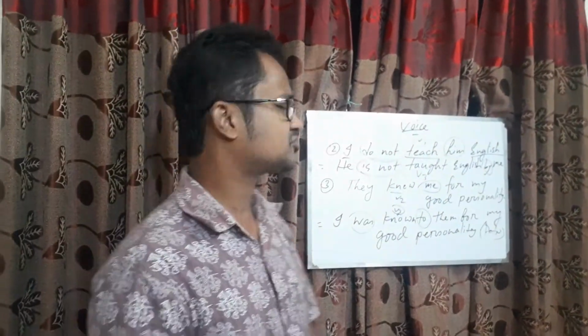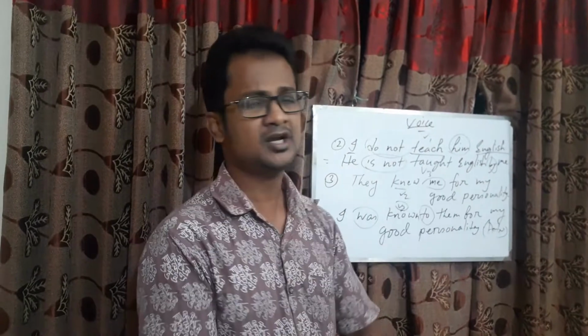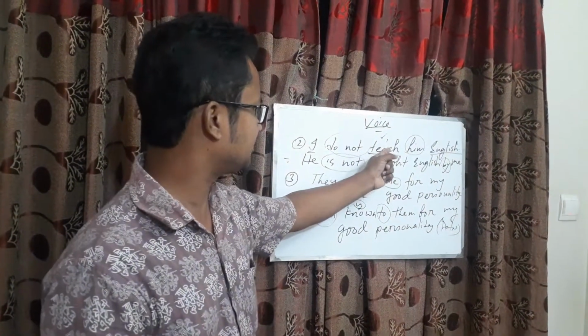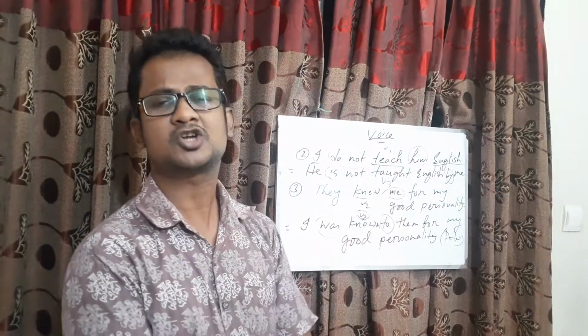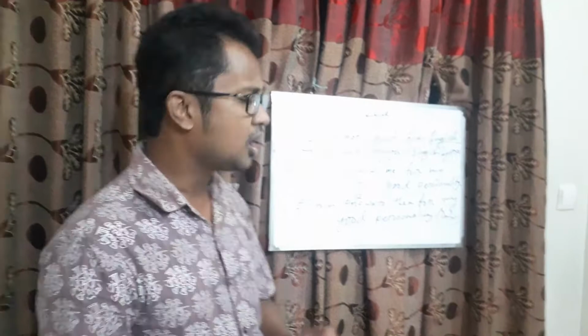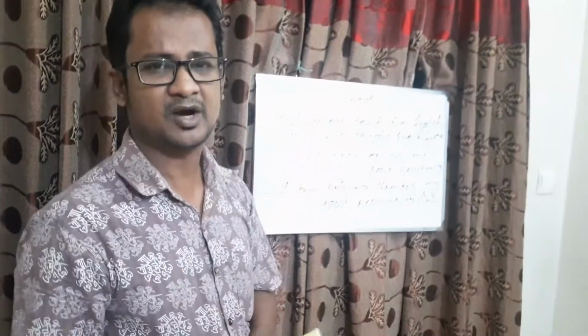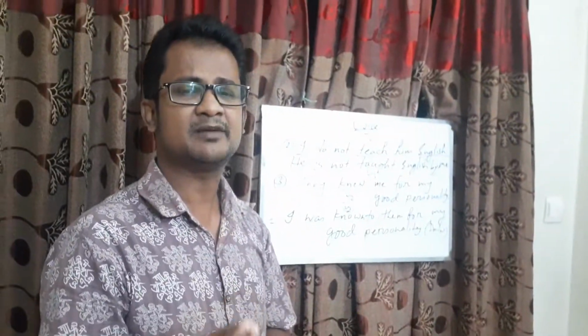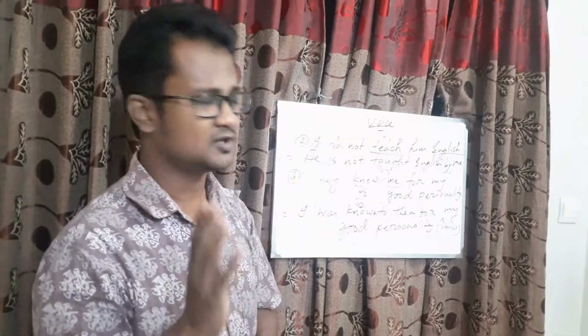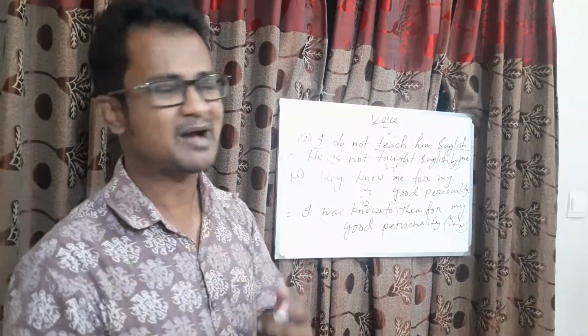So we have written here is not as an auxiliary verb. Then what is the structure? Then the V3 or the past participle form of the main verb. So what is the past participle form of the main verb? Teach, taught. So I have written here taught as a main verb. Always you must remember that in passive voice, the main verb will be in the past participle form. Always, always. Keep it in mind.